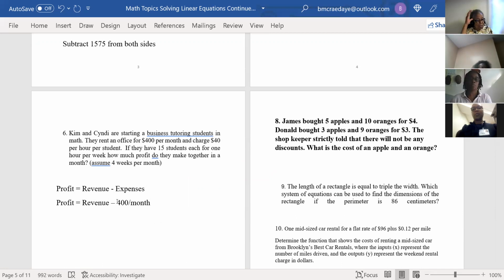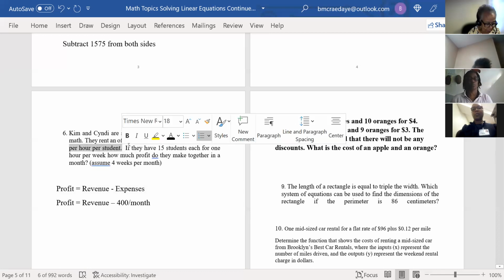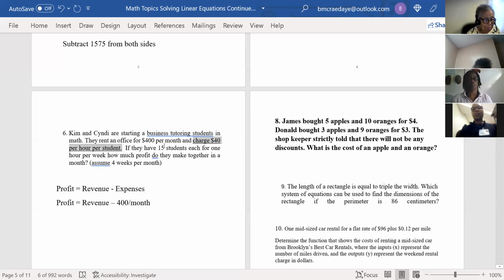Now, how do we figure out our revenue per month? What I know is that it's $40 per hour per student. So we multiply those, right?